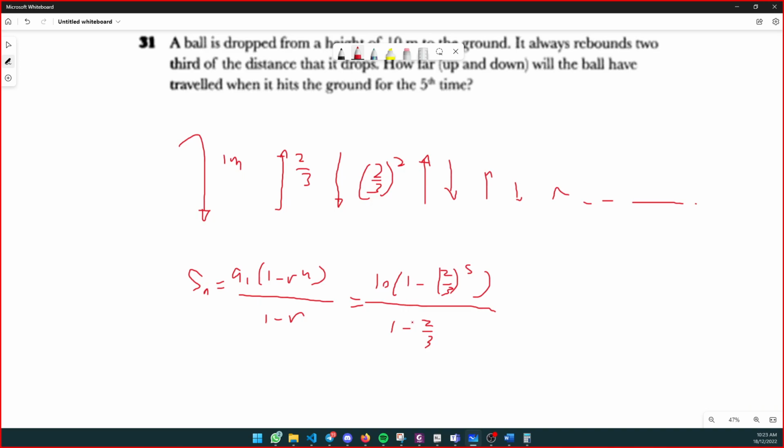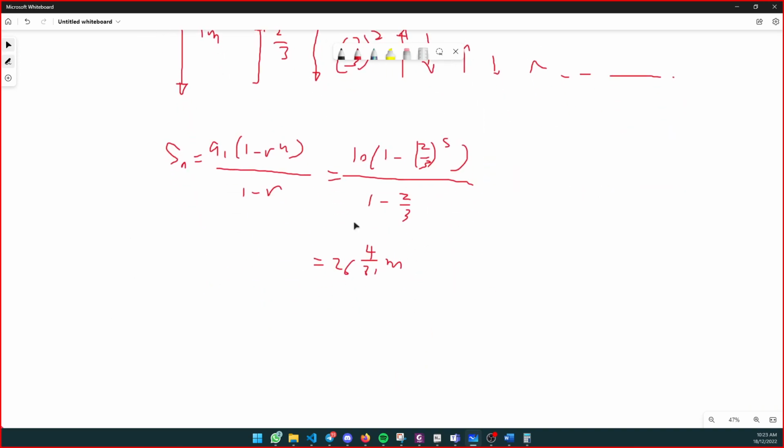Okay, so how much is this? This is a total of 26 4 over 81 meters. This is how much it travels now. Okay, so this is only the total amount, but you have to remember the first 10 meters is not included.